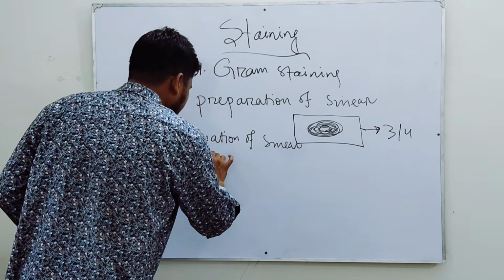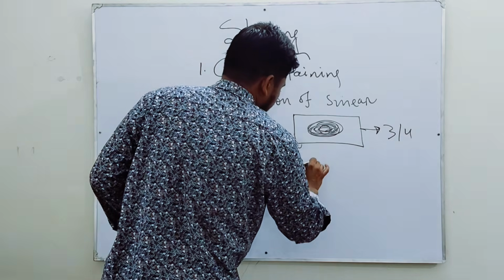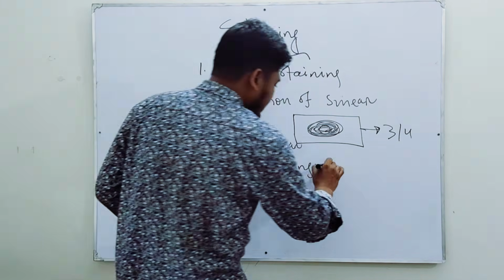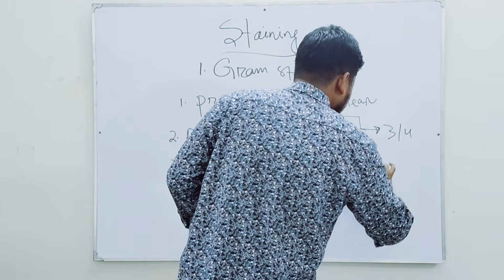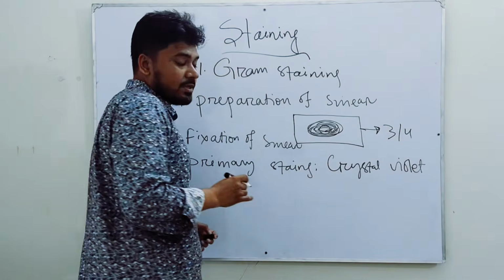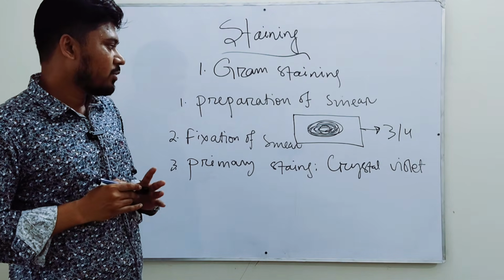Then primary staining. Primary staining in gram staining is done with crystal violet. The smear is covered with crystal violet for 1 minute and then washed with tap water.